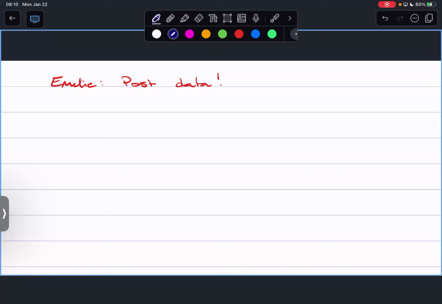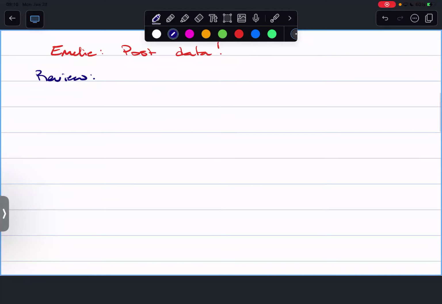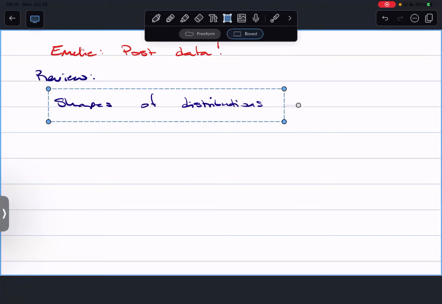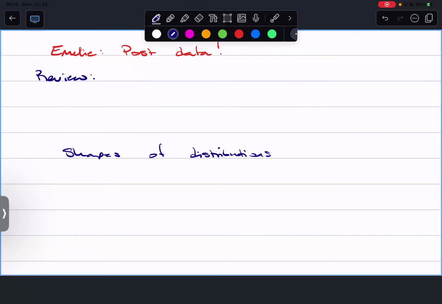And so let's do a tiny bit of review here. We looked at some shapes of distributions. For numerical data especially, well, okay, maybe I should start from the top.